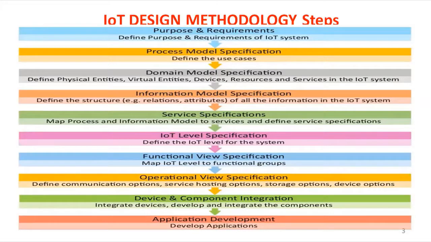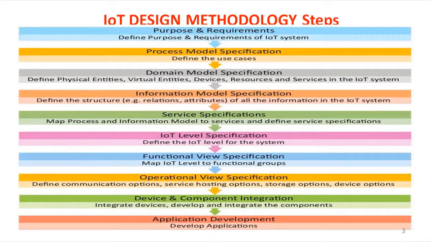There is a mapping between the process model and the information model. That leads to the services, and here you define the different services. That is a simple representation of the service model.